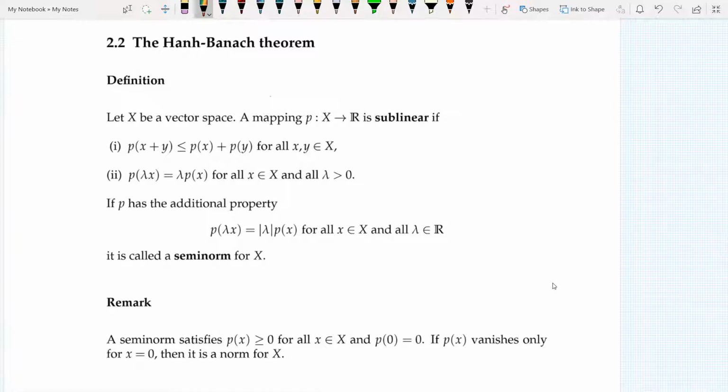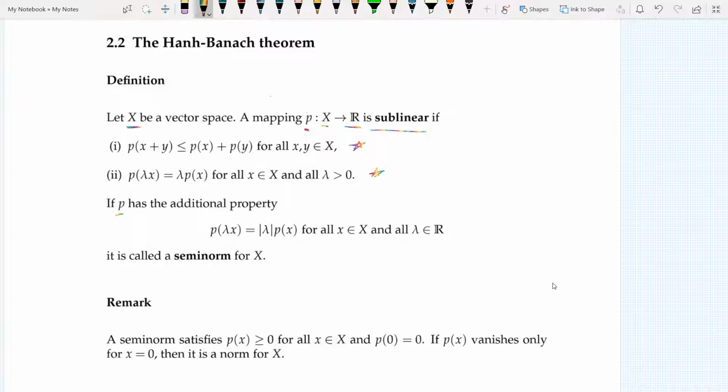So let X be a vector space and P be a mapping from my vector space to the real numbers. And this mapping P is called sublinear if it satisfies these two properties. Property number 1 is the triangle inequality, and this is property number 2.